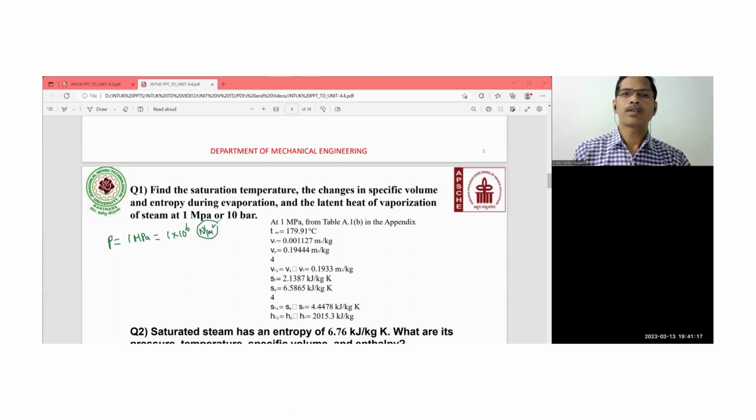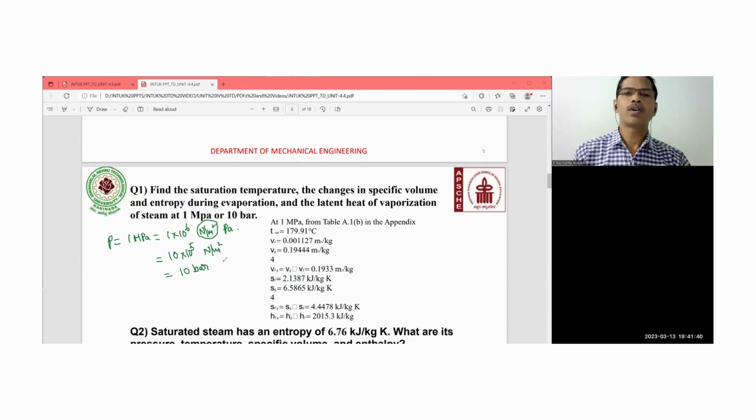This Newton per meter square you can call a Pascal. If you write this as 10 into 10 to the power of 5 Newton per meter square, that is nothing but equal to 10 bar.